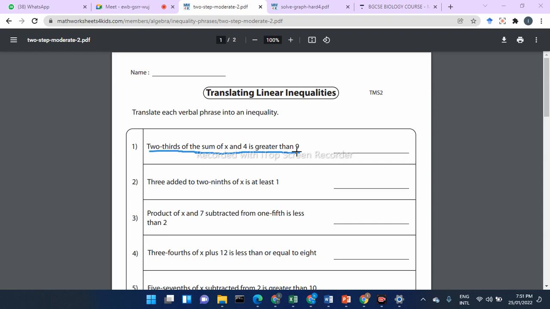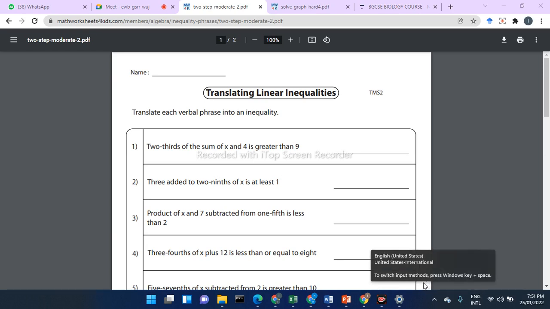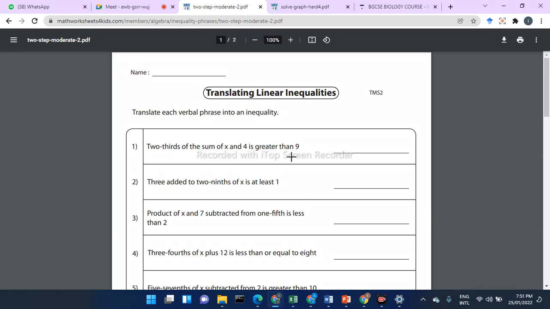Think about it. Is it 2/3 plus x is greater than 4? Notice what it says. Listen to it carefully. It says 2/3.